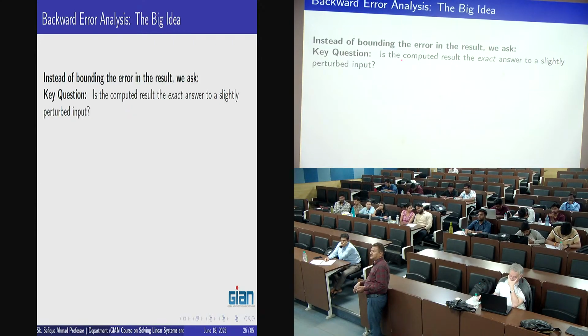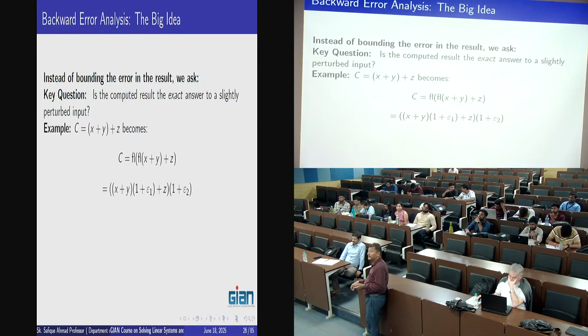Okay, you ask this: is the computed result the exact answer to a slightly perturbed input? As I told you, if we are coming from far from the exact solution, think about error analysis. For example, if you are given two numbers, then floating point of x plus y is (x plus y) times (1 plus epsilon 1), and for g you get another (1 plus epsilon 2).